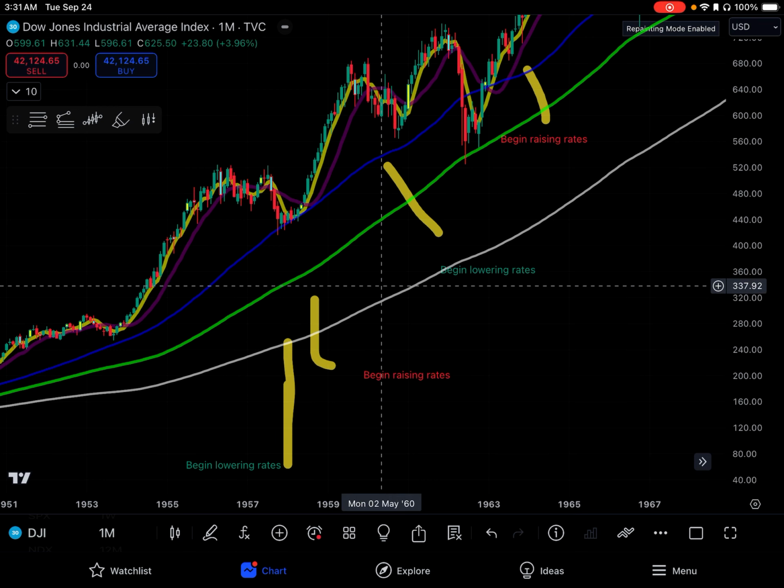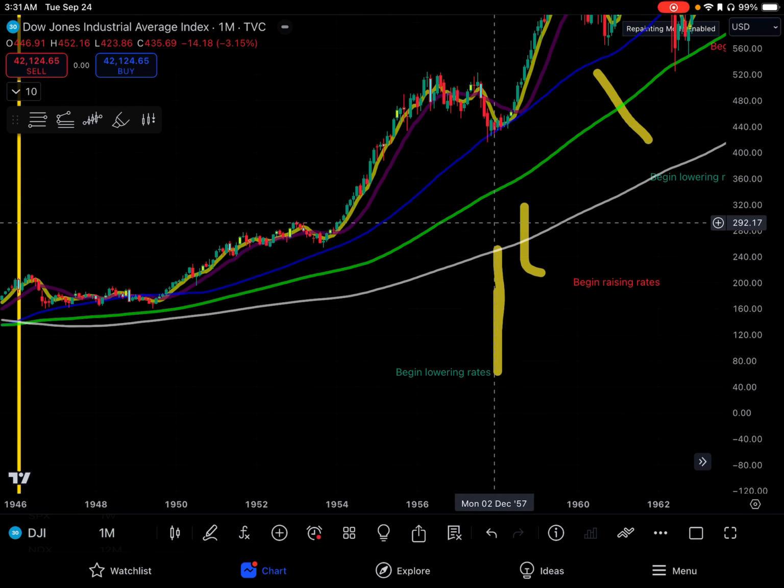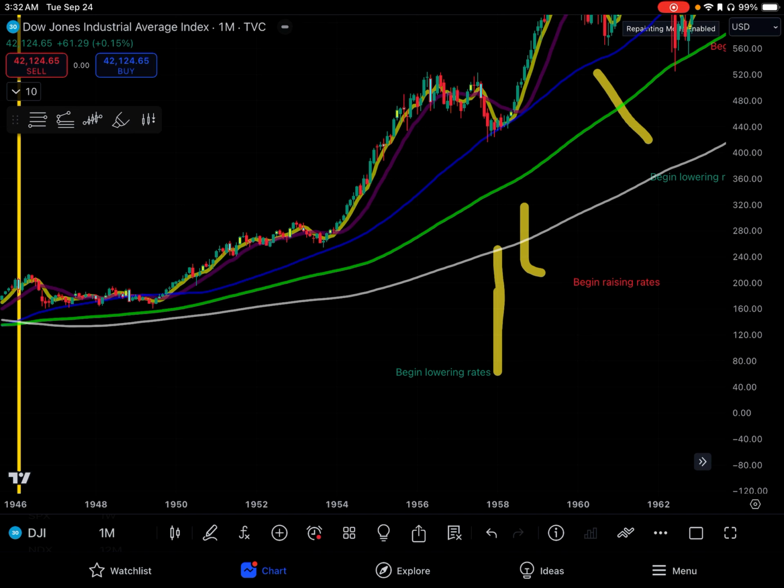This one, not as big of a decline, but we did see a pullback when they started lowering the rates. And then in 57, same thing after a decline. Now that's as far back as the info I got.